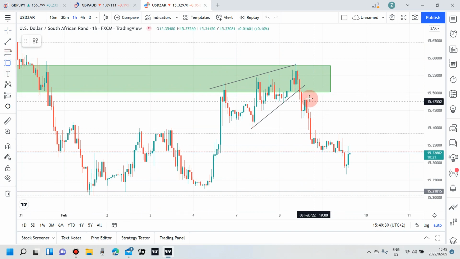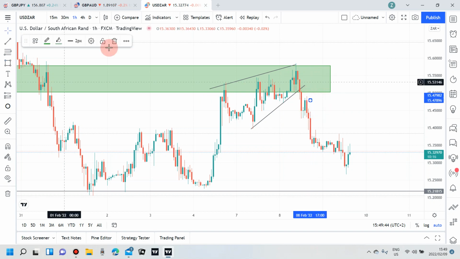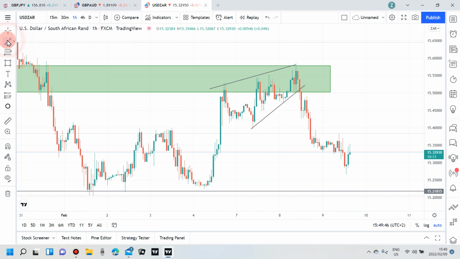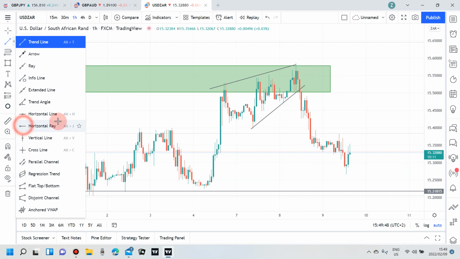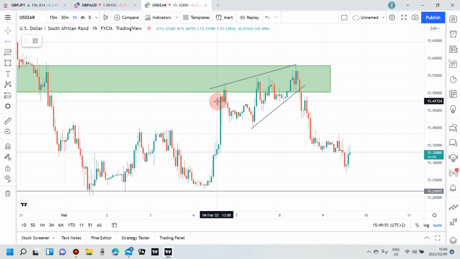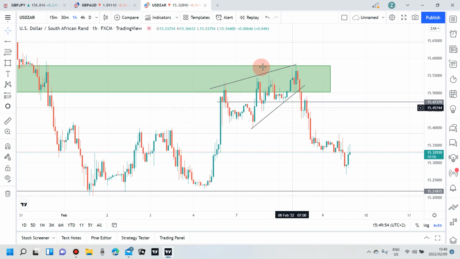Then it retested here. Okay, let me draw this as a key level, not as a zone, because it confused me. So what I would do is draw the trend line and spot my previous touch on the lower.